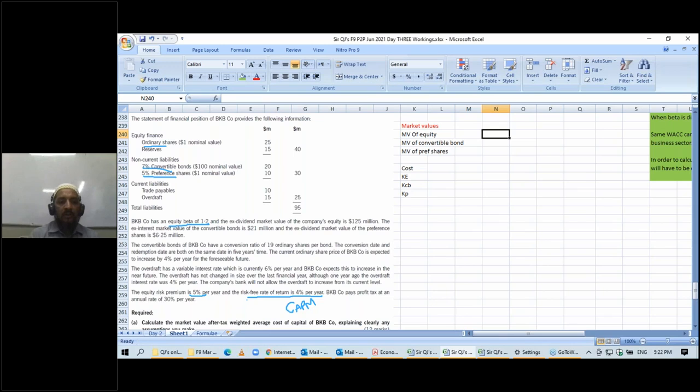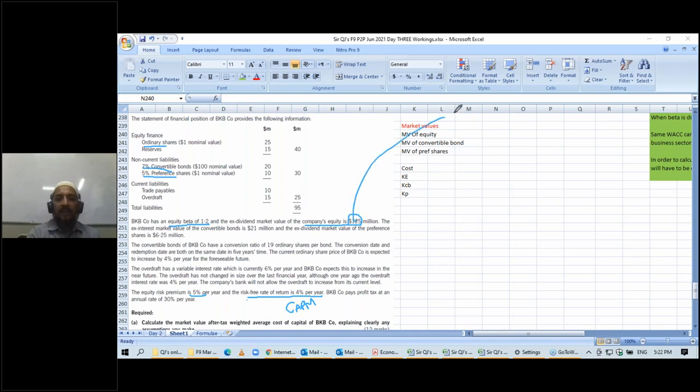So moving on to the market values first. They have given the market value of the whole company's equity, which is 125 million, right?